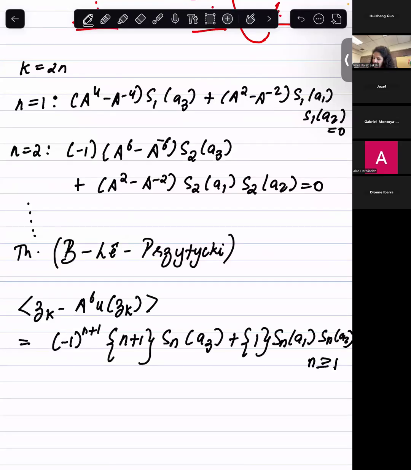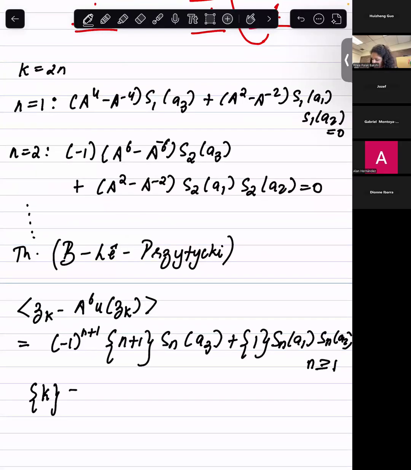And remember, k was 2n. Over here, curly k denotes a to the 2k minus a to the minus 2k. So really a beautiful, elegant formula for handle sliding relations.